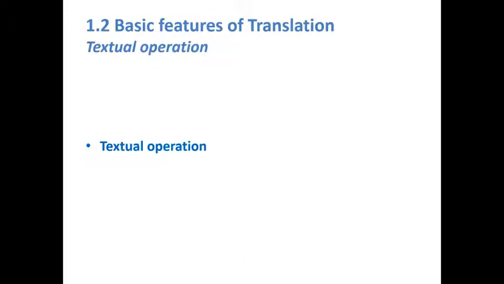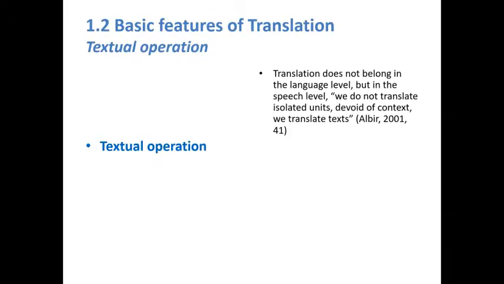The second of these basic features of translation has to do with texts. Translation is a textual operation. What do we mean by that? We mean that translation does not belong, if we look at it from a linguistic standpoint, especially structural linguistics, the school of thought that looks at language as a complex system with different levels.